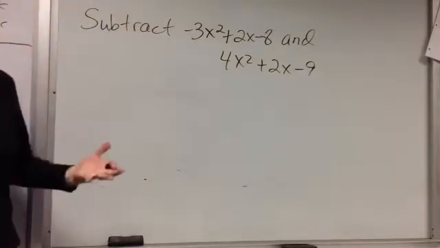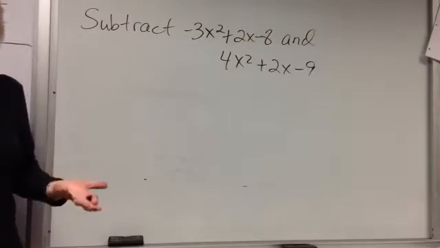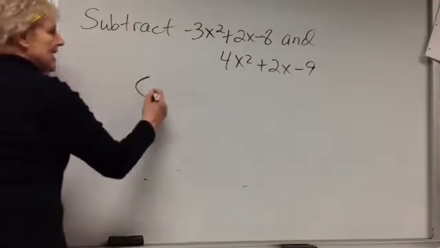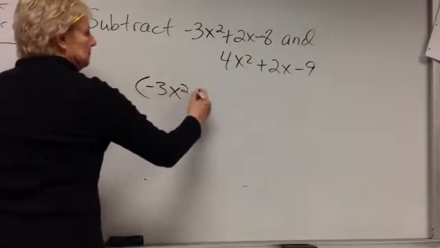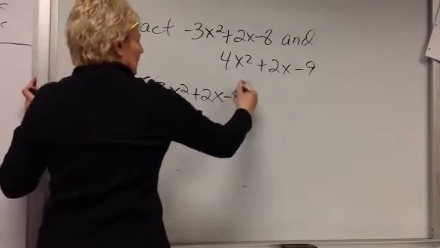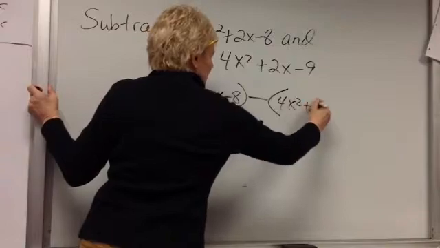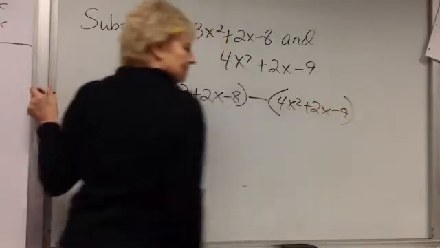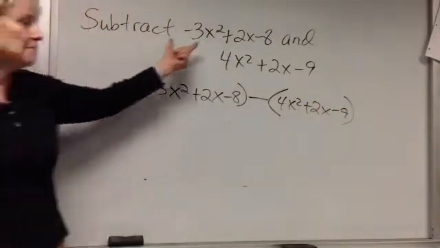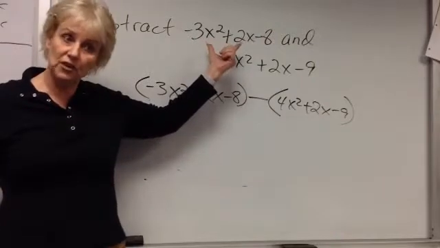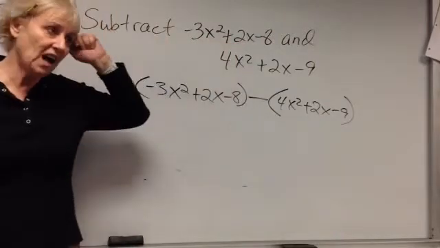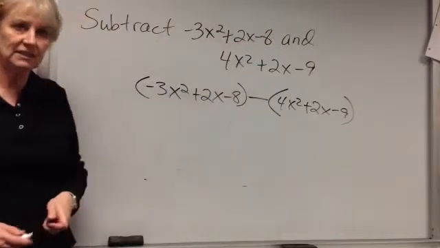You can always use parentheses, and then you'll never mess up. Okay, so then I would have this problem, minus, all your signs. Does it matter which one comes first? Yes, it matters. Whatever I write first goes first, because subtraction is not commutative, order matters.